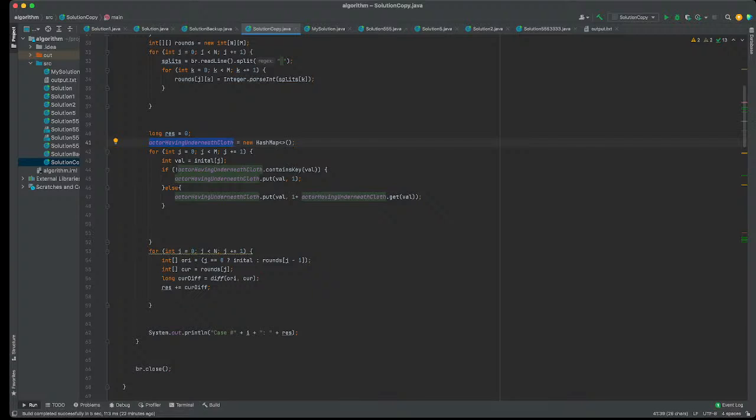Actually the bookkeeping can only use the original clothes the actor wears. And then for each round, there is a previous round and a current round, and I calculate the difference needed to make it work, and then add all the changes required.